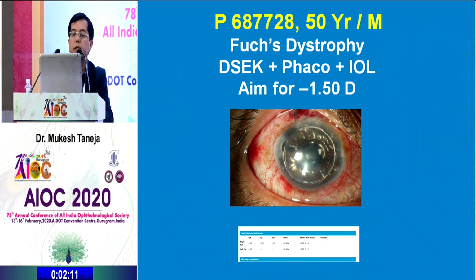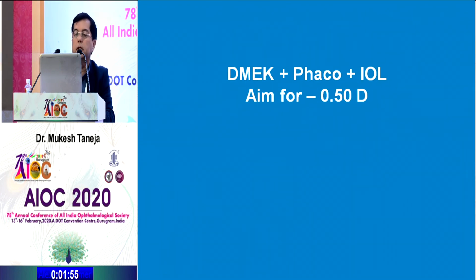So when you are doing a DSEK along with cataract surgery, or you are doing a DSEK and later planning a phaco with the IOL, you will basically overestimate your IOL and make the patient myopic by about 1.5 diopters. Again, as things are moving, we are now moving to DMEK rather than DSEK.